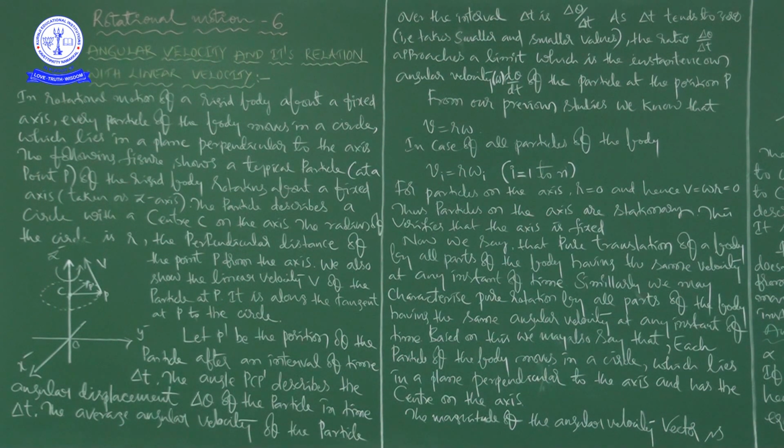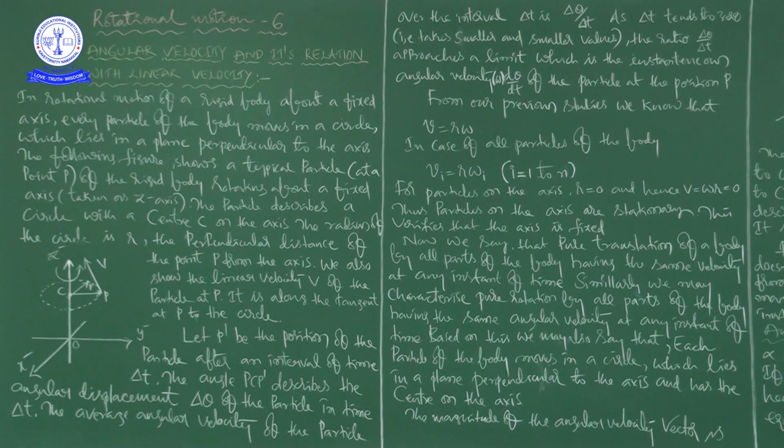Linear velocity is the rate of change of displacement. This is all in the case of motion in a straight line, when we assume the whole body as a single particle and apply only linear velocity on that body.